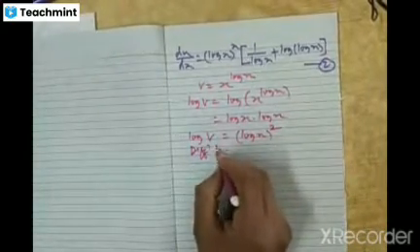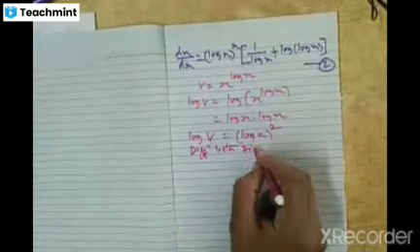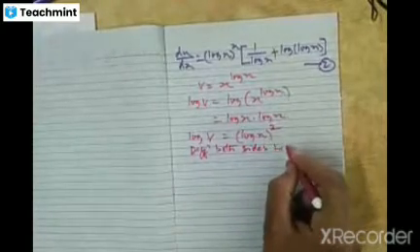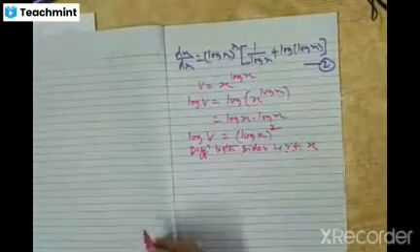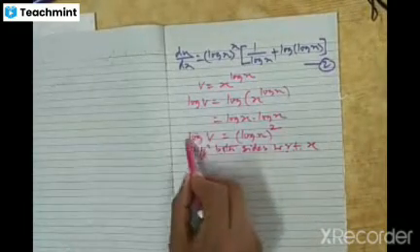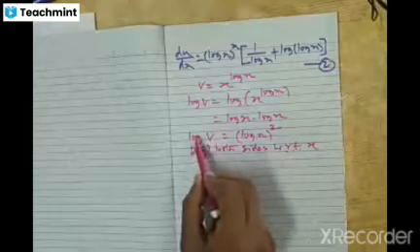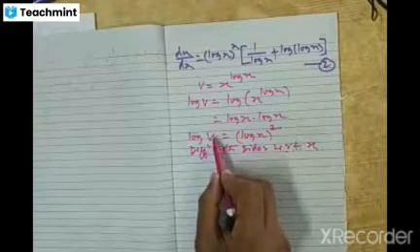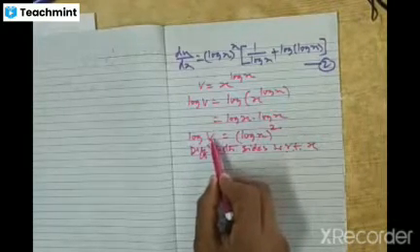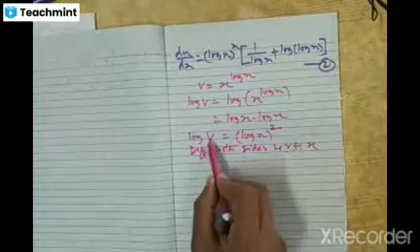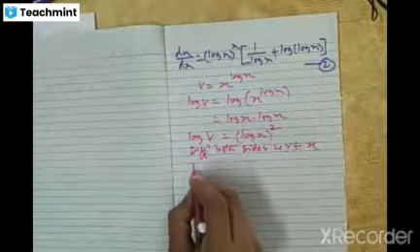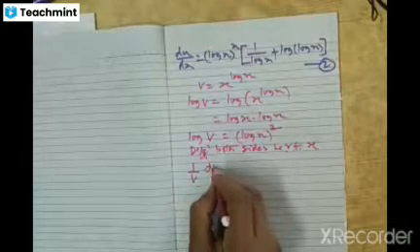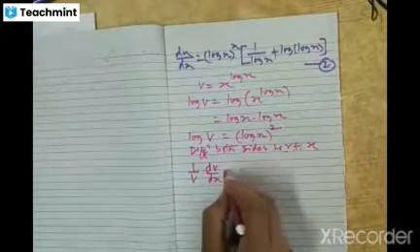Differentiating both sides with respect to x. d by dx of log v. Log v is a function of v and v is a function of x, so this is a composite function. So we have to use chain rule. If you use chain rule, then we get 1 by v into dv by dx, correct?